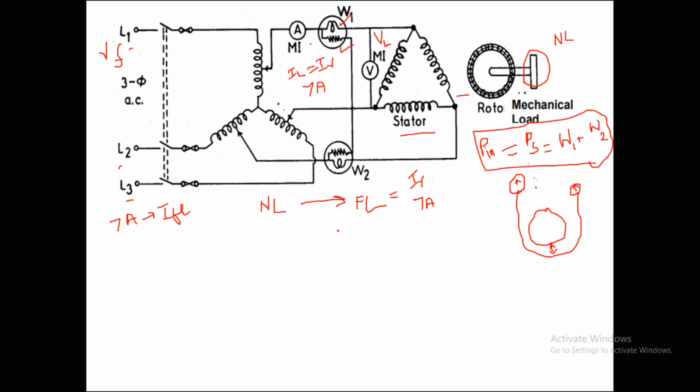So that's the procedure. While doing this, we may expect that the current at starting will be 0, so the ammeter will show 0, and at full load the ammeter is going to show 7 amps.